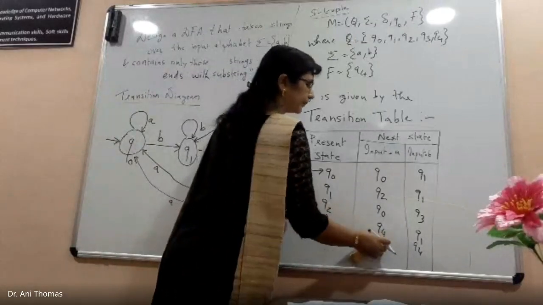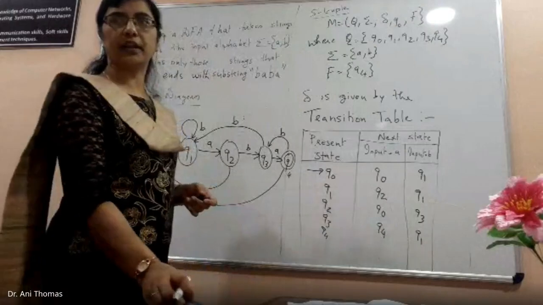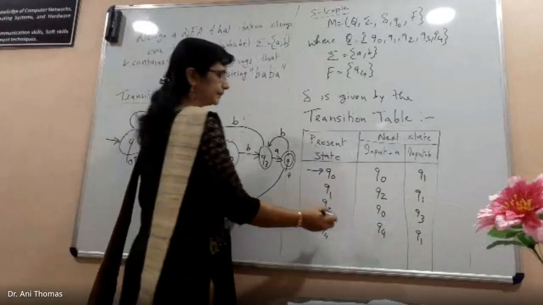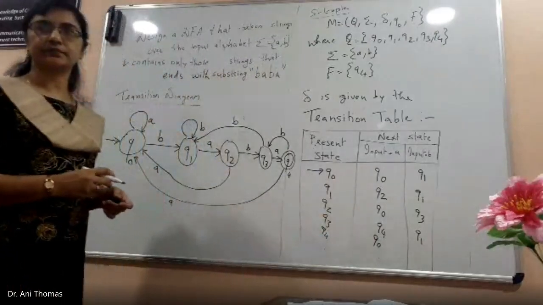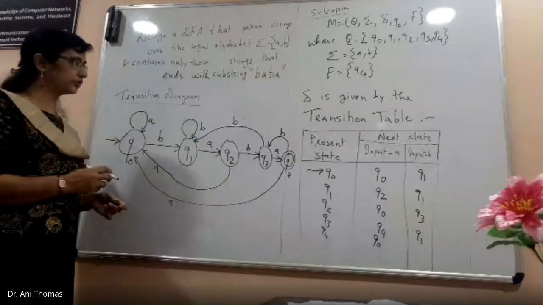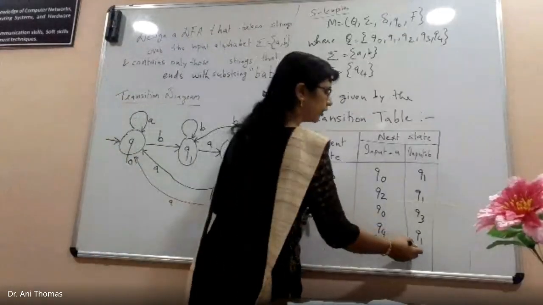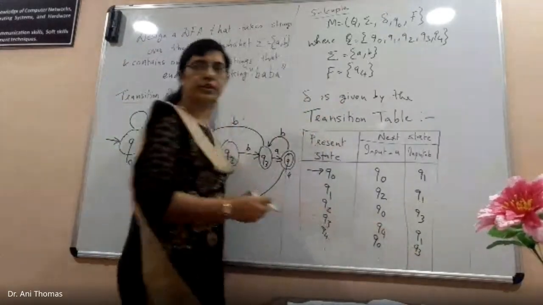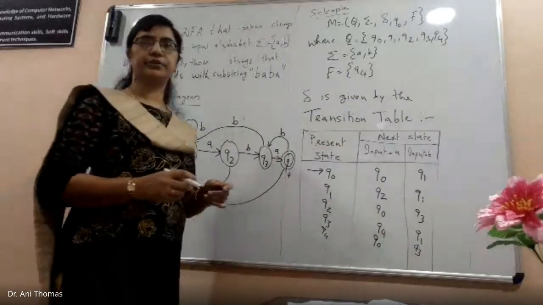And how will your transition table change? Only Q4 will change. Q4 on input A is now going to Q0, and Q4 on input B is going to Q3.